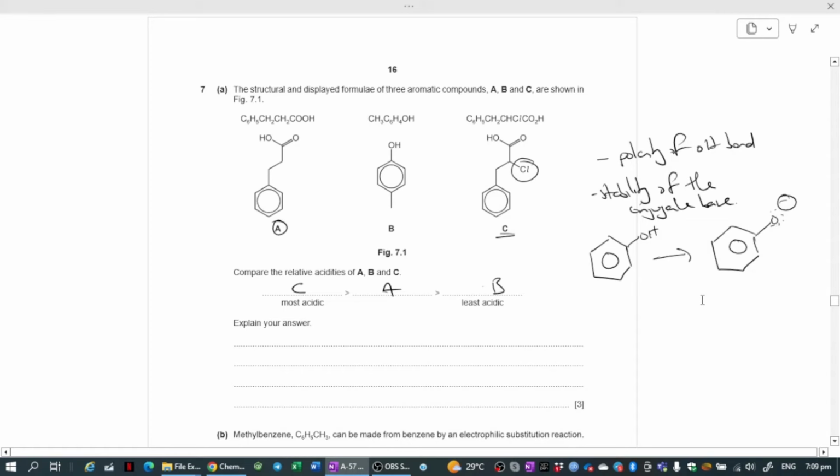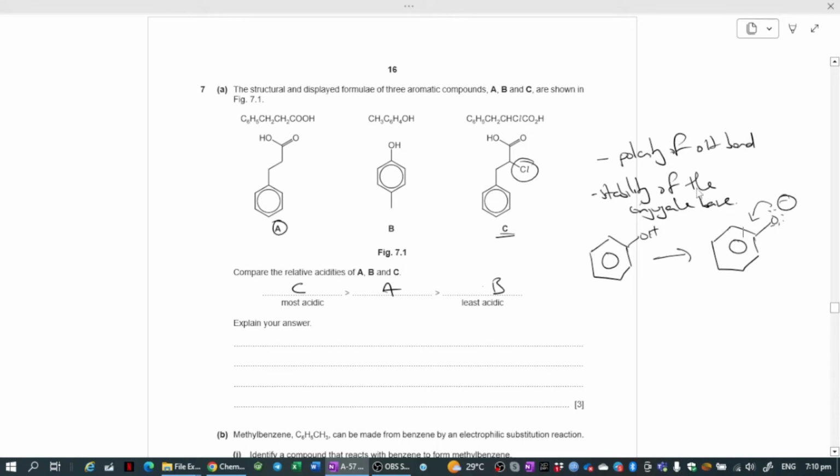If the conjugate base is unstable, it's very reactive and readily picks up the H+ to form back the parent compound. In the case of the phenoxide ion, the oxygen lone pair is delocalized into the ring, and this increases the stability of the phenoxide ion, so the lone pairs on the oxygen are not readily available to pick back up a proton.